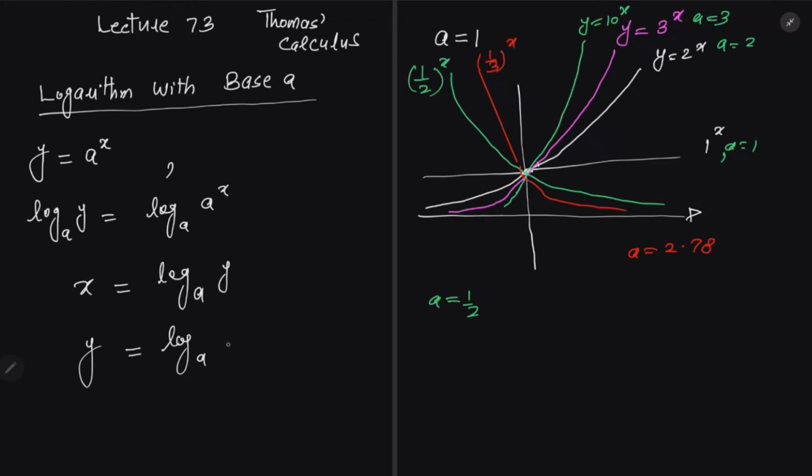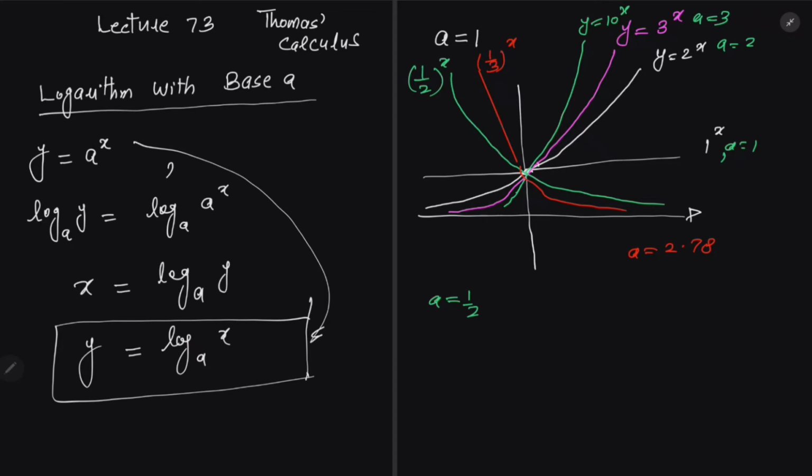So we have y equal to log of x with base a. That's how we find the inverse of a raised to power x. Here I have used one property, that log a of a will be equal to 1.